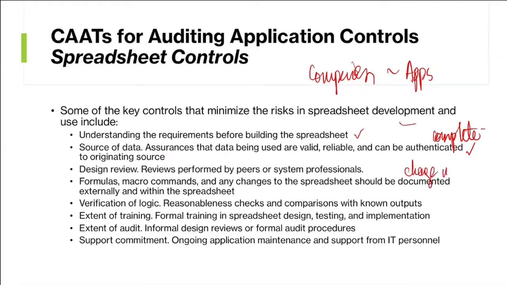This can also be covered by what we call change management. Verification of logic, reasonable test checks, and comparisons with known outputs. Extent of training, formal training in spreadsheet design, testing, and implementation. Extent of audit, informal design reviews or formal audit procedures. And lastly, support commitment, ongoing application maintenance, and support from IT personnel.